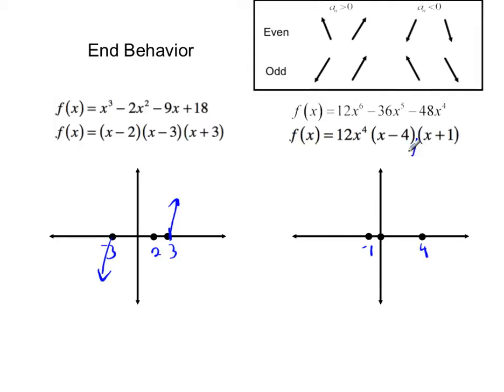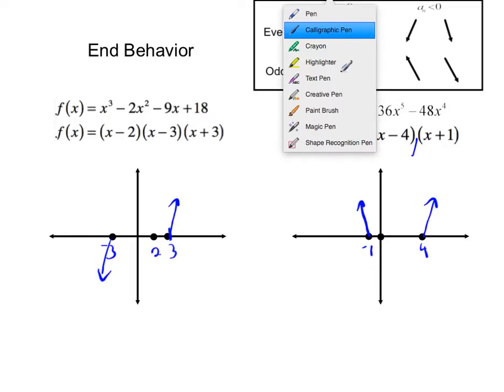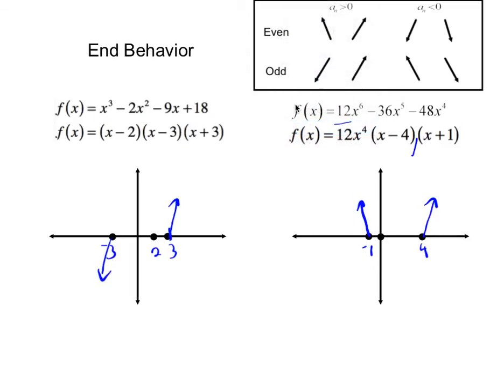Now, the degree on the second graph is even, and my leading coefficient is positive. So my graph will go up on the right and also up on the left. So now I have a good idea about what's going to happen. And because of the multiplicities, I could draw in a basic graph of this right now. I know I'm going to cut through at each of these zeros.